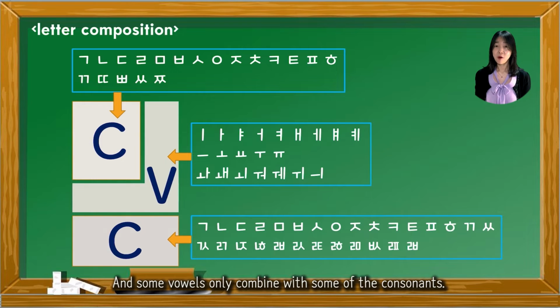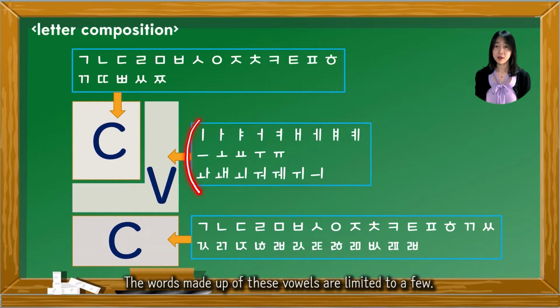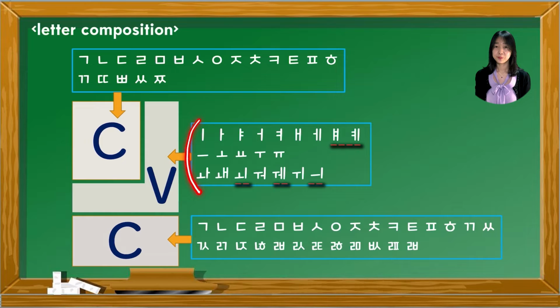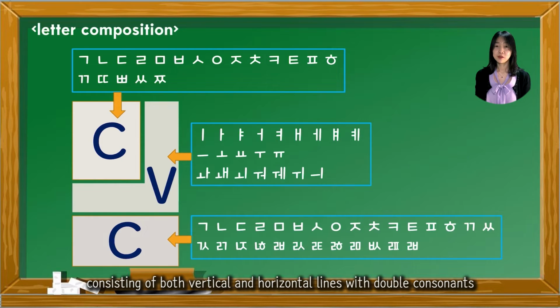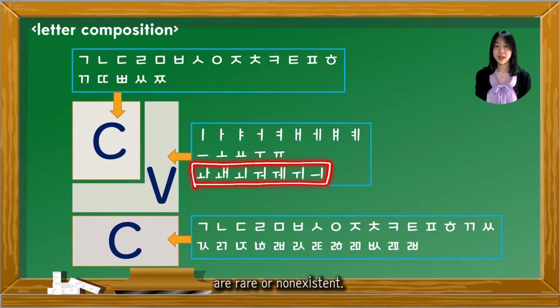And some vowels only combine with some of the consonants. The words made up of these vowels are limited to a few. Particularly, words having letters that are made up of the vowels consisting of both vertical and horizontal lines with double consonants are rare or non-existent.